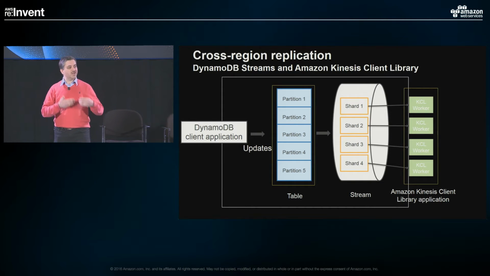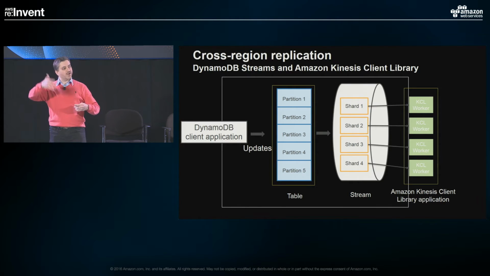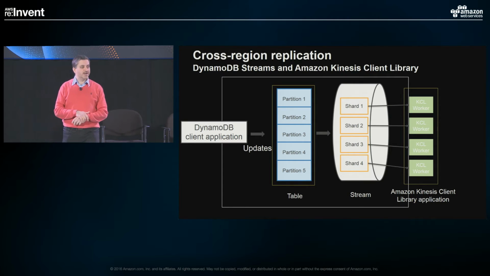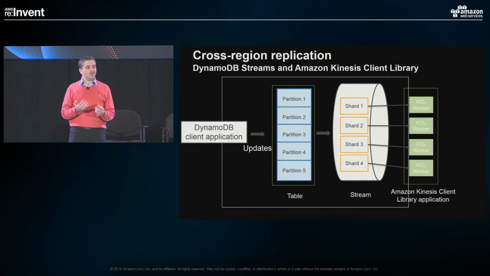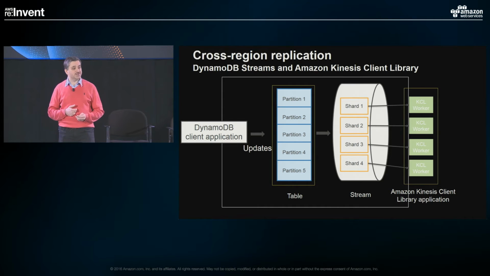Then the Kinesis client library sets up, based on the number of partitions that you already have within DynamoDB, the Kinesis client library worker nodes or worker instances, right? So the KCL worker is responsible for replicating data from your primary table to a secondary table across different regions.